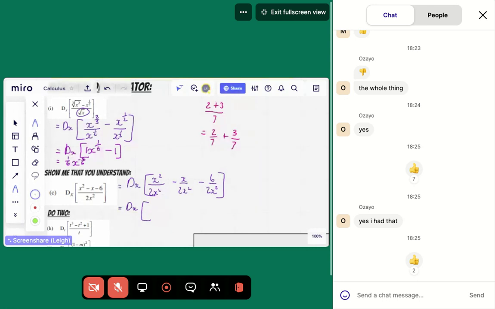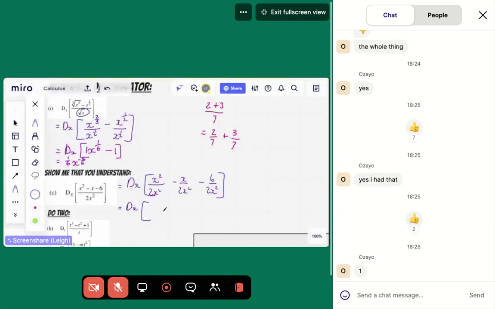X squared divided by x squared will leave us with? That's it, quite right. It'll leave us with 1. Perfect. So in other words, our first term is now going to be 1 over 2, because x squared divided by x squared is 1, and a half times 1 is a half.